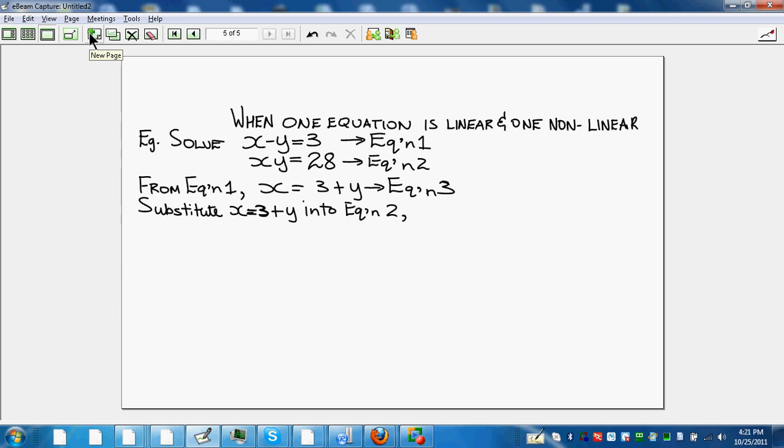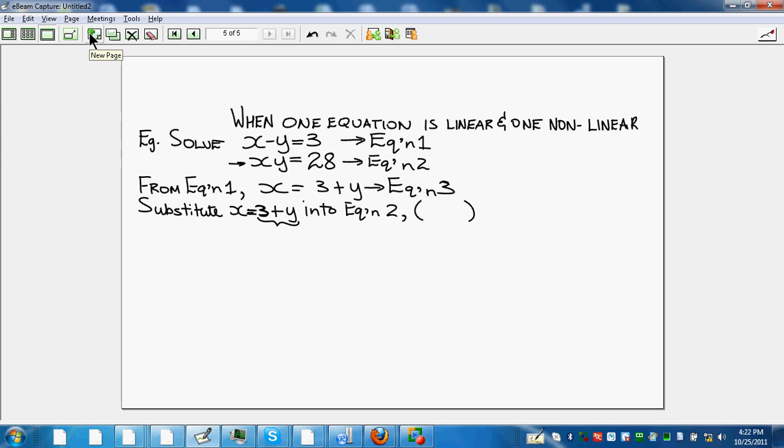So let's see what will happen when we substitute x equal to 3 plus y into equation 2. Instead of x, I'm now going to write 3 plus y, and I'm going to put it using brackets because remember, when we substitute, the brackets around what you're going to substitute helps you not to make errors. Very important.